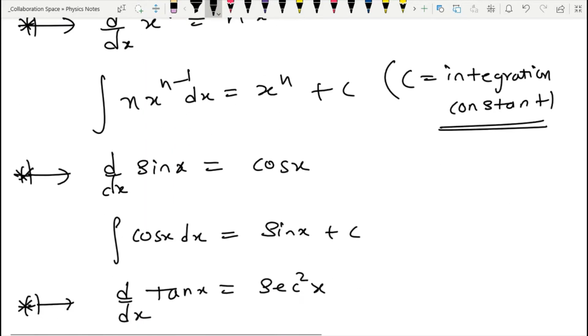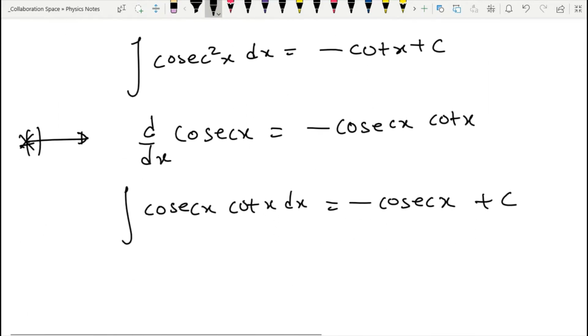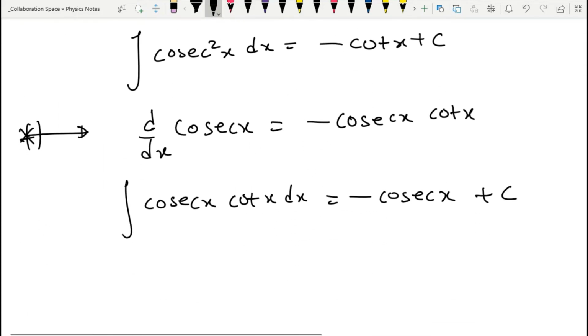Every time whenever we apply integration without limits, we will get that integration constant. You have to compute the value of that integration constant separately by using the boundary conditions of the given problem. Is it clear or not? Yes, sir. Whenever we are doing any physics problem, definitely they will mention some boundary conditions.